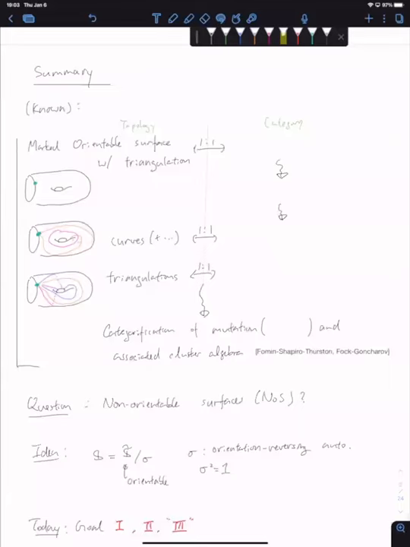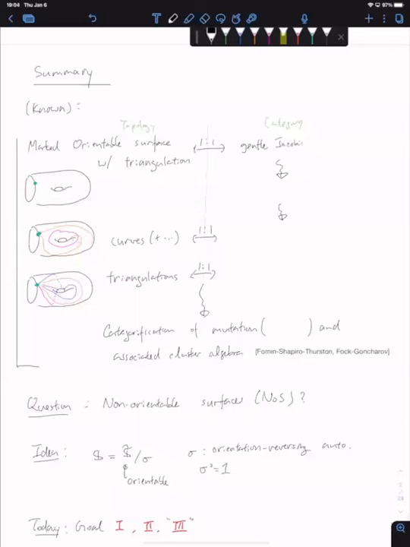Let me start with an overview of what I'm going to talk about. The overview is to first remind, roughly, what happens in the classical case, and by the classical case I mean the orientable case. In the non-orientable case, you care about marked orientable surfaces. If you have a triangulation on them, then you will get something called a Jacobian algebra.